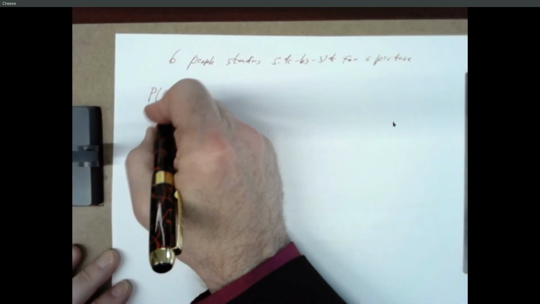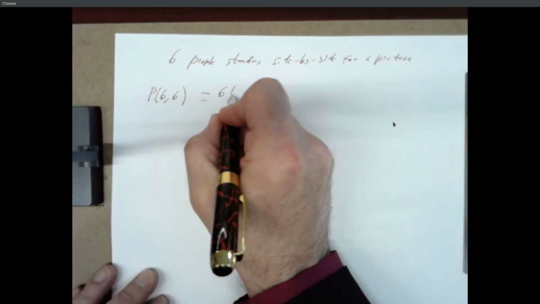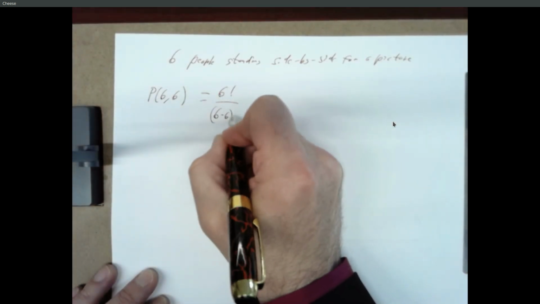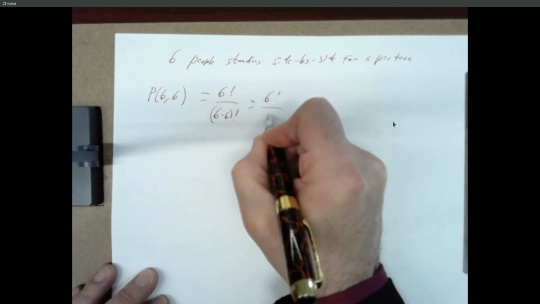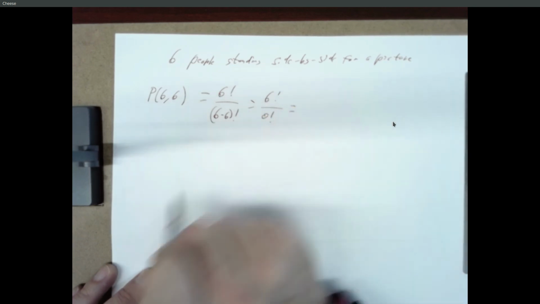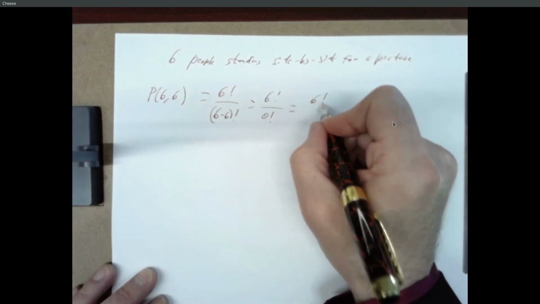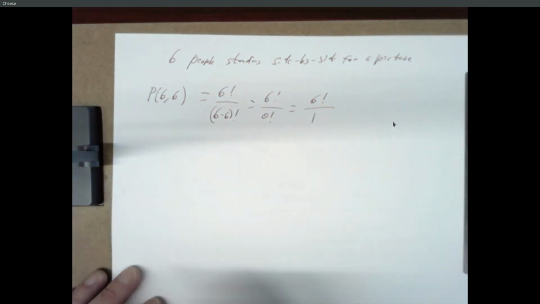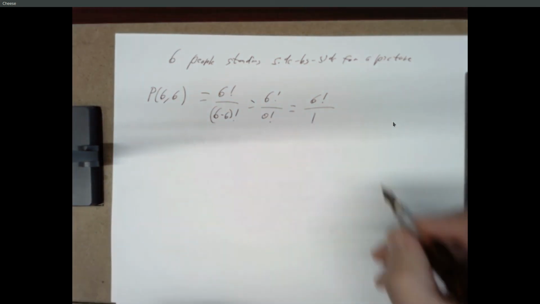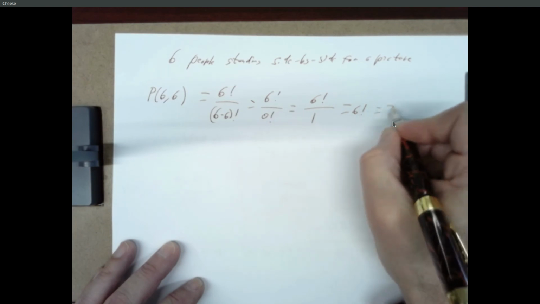So we're trying to find an ordered arrangement of 6 people taken from a set of 6 people. This is the number of 6-permutations of 6 objects, which is 6 factorial over 6 minus 6 factorial, which is 6 factorial over 0 factorial. What is 0 factorial? 1. Don't you hate saying that? But it's true. So this is just 6 factorial, 720.